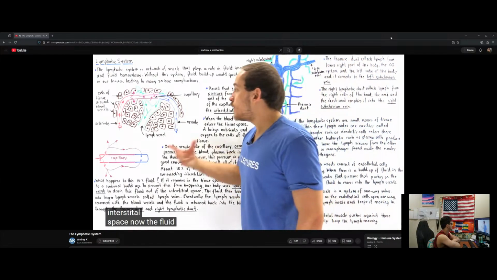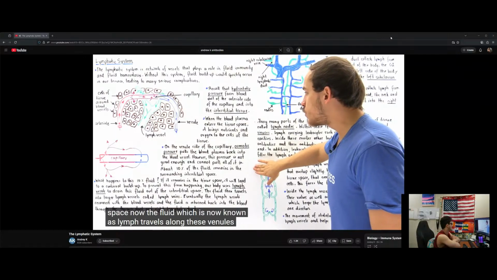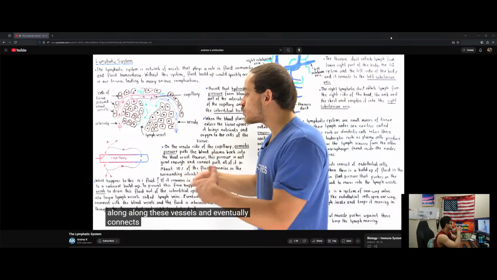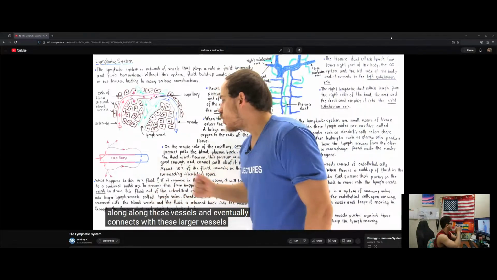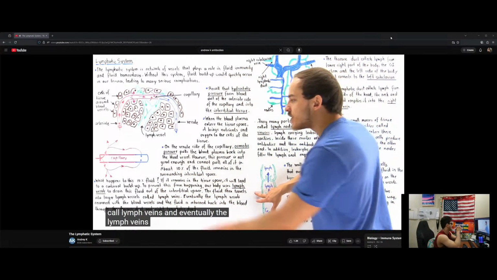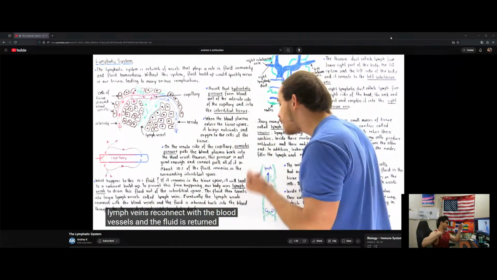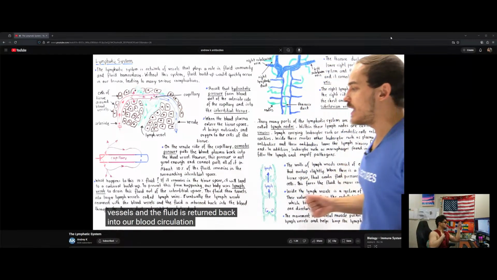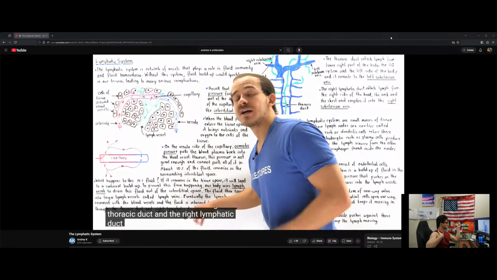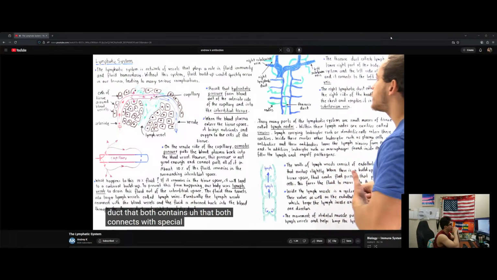Now, the fluid, which is now known as lymph, travels along these vessels, and eventually connects with these larger vessels we call lymph veins. And eventually the lymph veins reconnect with the blood vessels, and the fluid is returned back into our blood circulation through the thoracic duct and the right lymphatic duct that both connect with special types of veins.